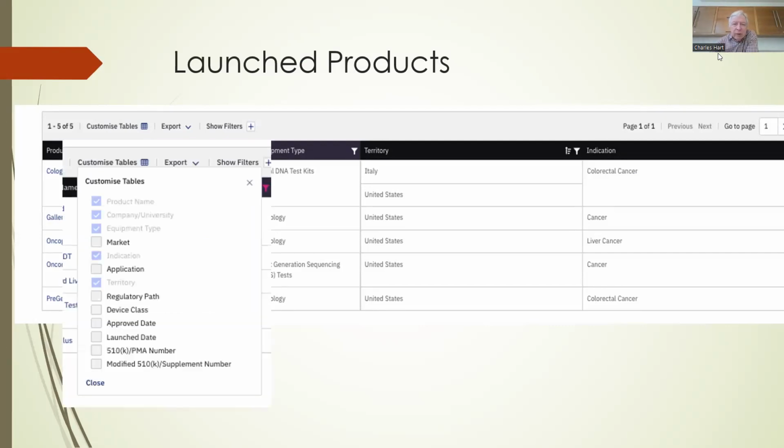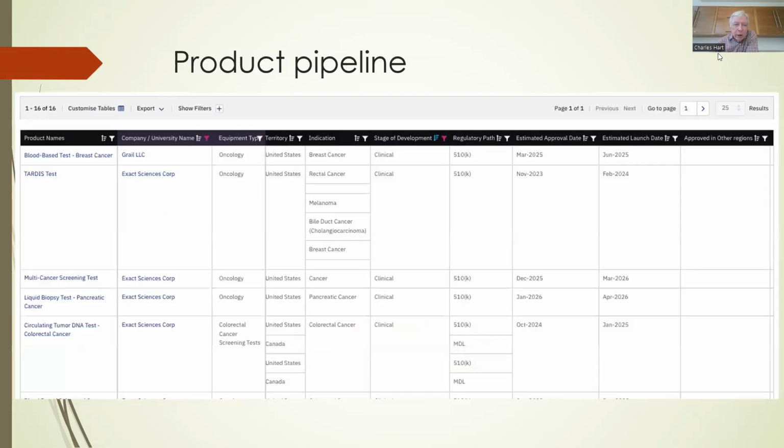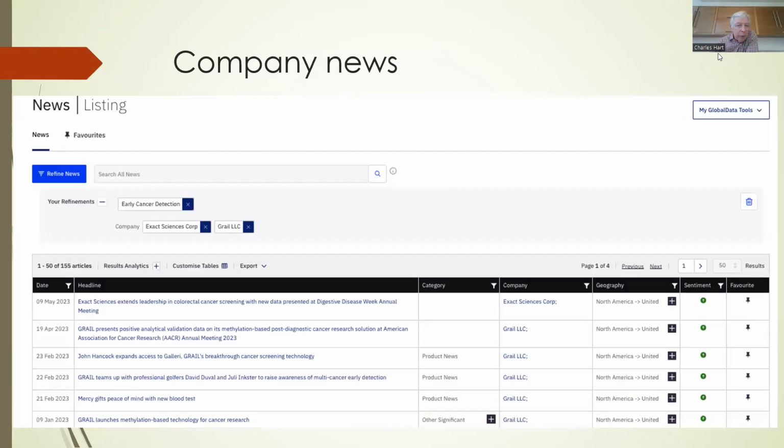You can customize the tables based on the fields you're interested in exploring. And you can delve in more to how they got to where they are. And then you can pull up specific reports that GlobalData employees wrote about these companies. Like they went to meetings when the company's presenting, et cetera, et cetera.